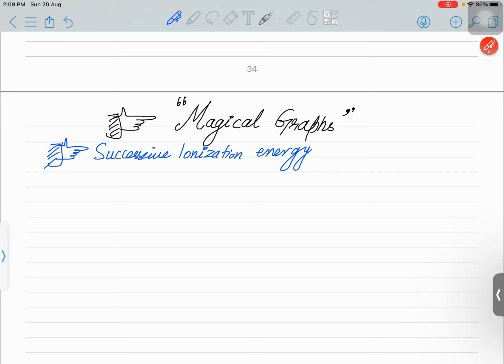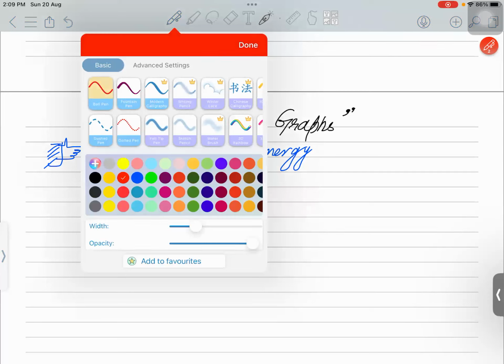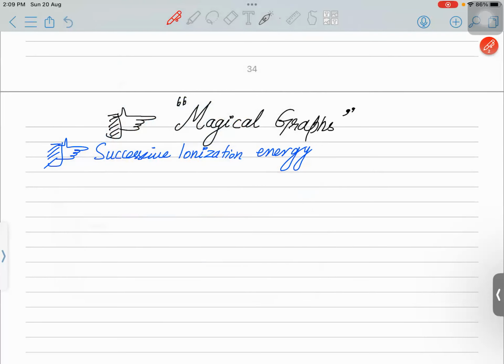Now, can anyone tell me how many electrons are there in F 9? Nine. So fluorine has 9 electrons. Very good. So it means it has 9 ionization energies.